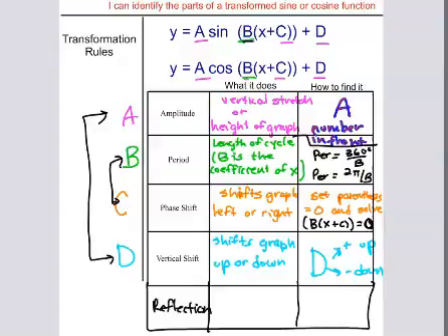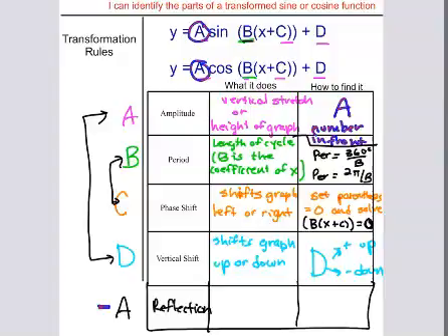The last thing I'm going to mention is this one here, which is if you have a negative in front of A. It doesn't really matter for the vertical shift. Don't worry about whether it's positive or negative, because whatever the absolute value of A is, that's the amplitude.